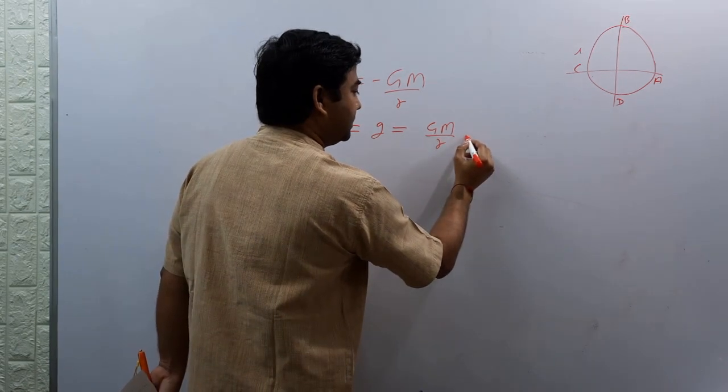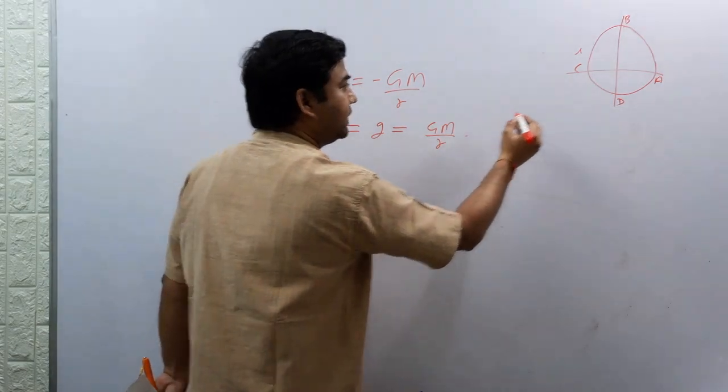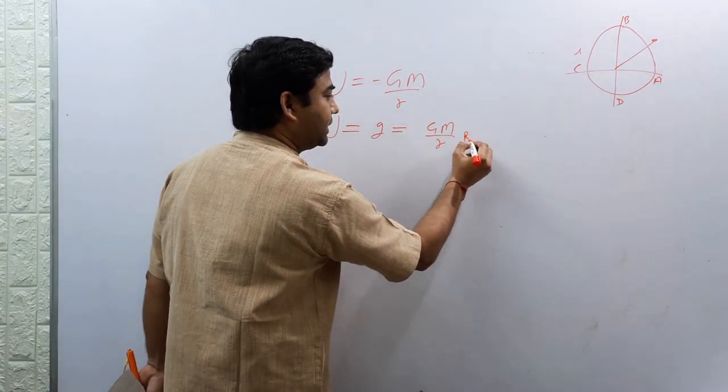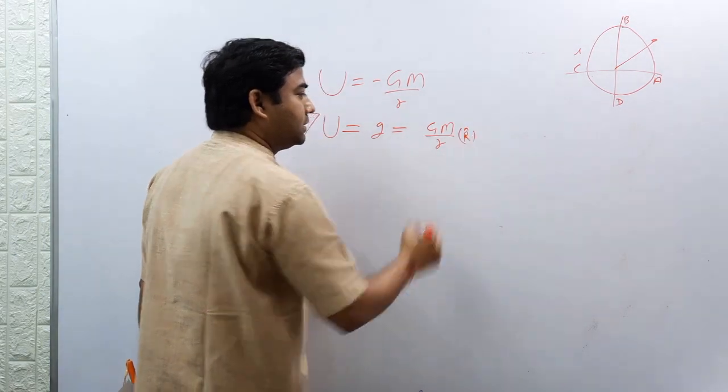In that case we found the unit vector OP, so we will denote it here as the radial unit vector in the radial direction.